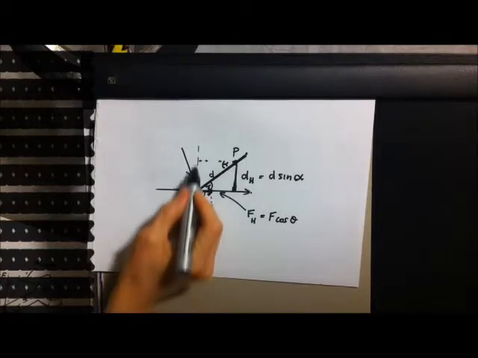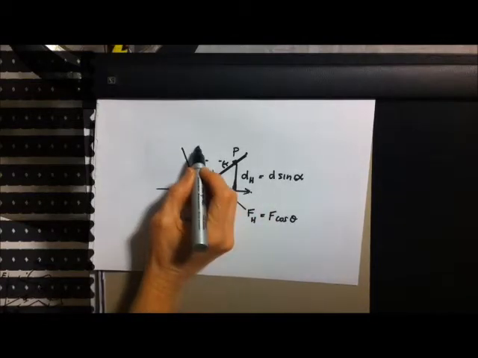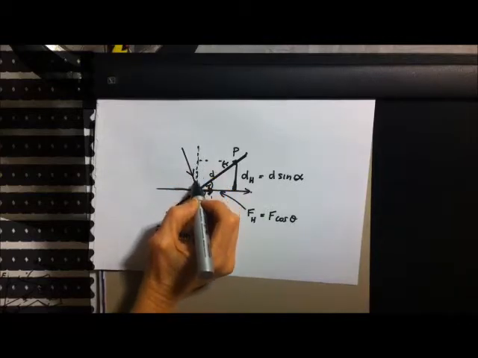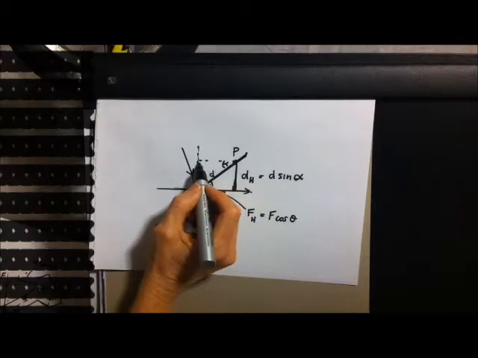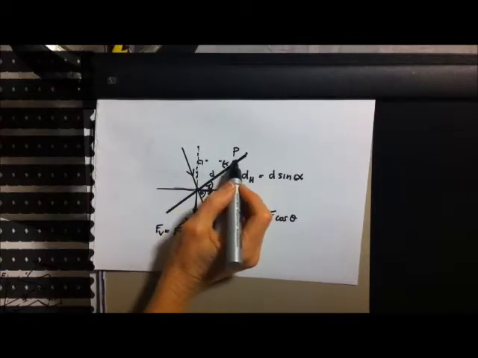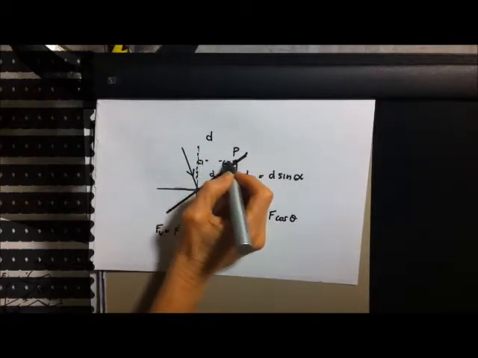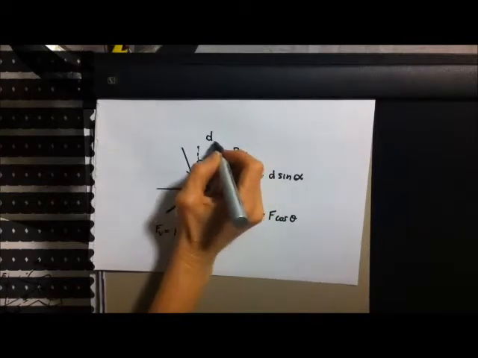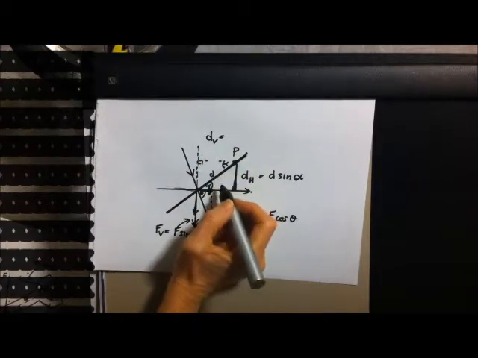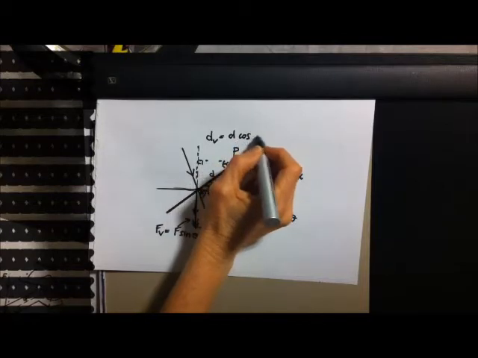Similarly, for the vertical component, we take its line of action, and from that line of action we take a perpendicular back to the pivot point, and we'll call that distance there, that moment arm, the moment arm for the vertical, and it is D cos alpha.